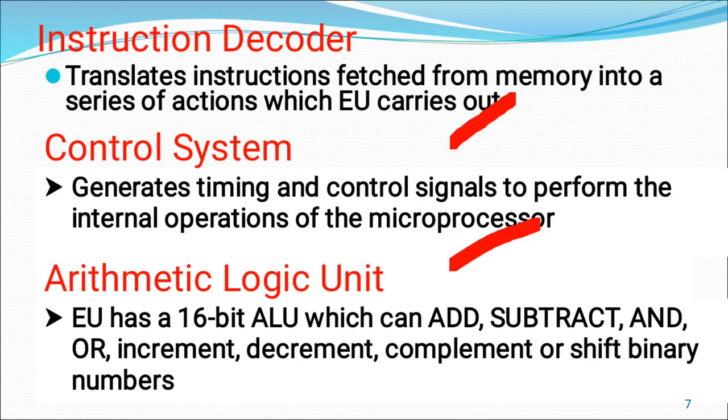The execution unit has a 16-bit ALU so that it can perform 16-bit arithmetic and logical operations. Arithmetic operations mean addition, subtraction, multiplication, division, increment, decrement, like that. And it can also perform logical operations like AND, OR, XOR, XNOR, complement, shifting, rotating operations likewise.